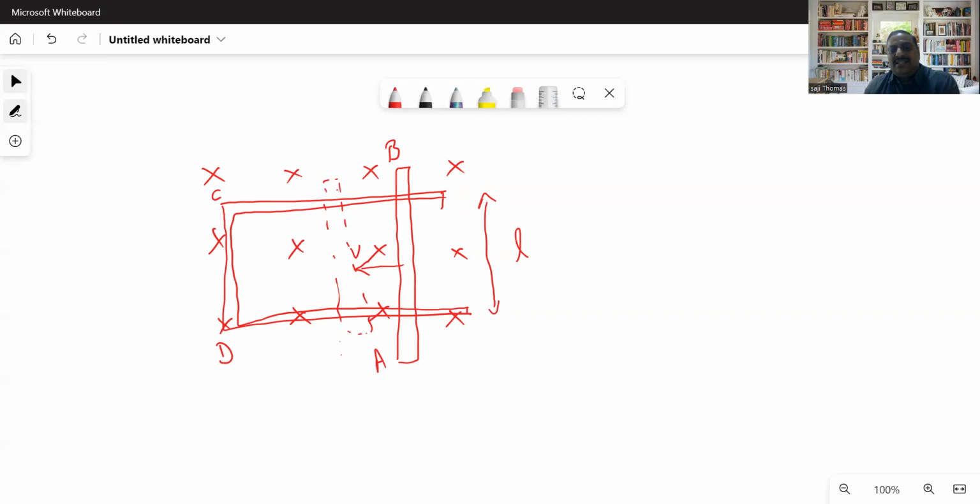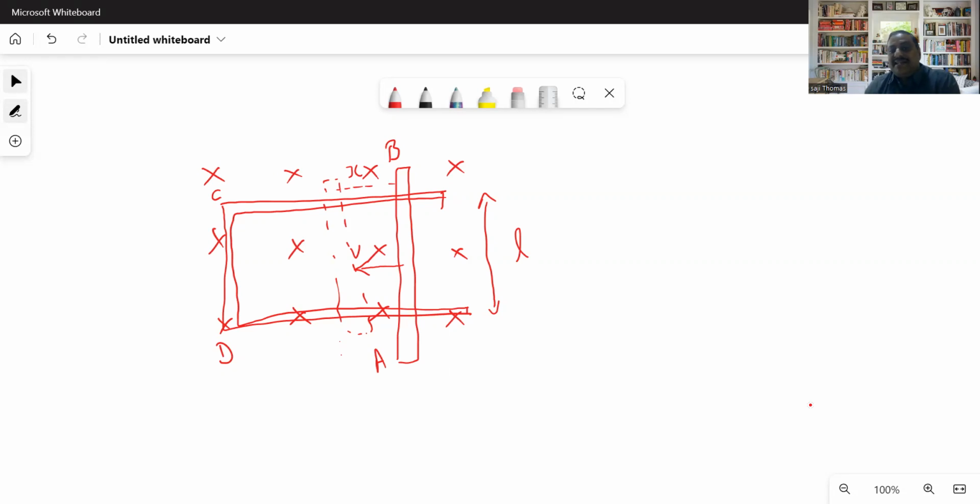Suppose the distance moved is X. The magnetic field is there and the conductor is sweeping an area, so the magnetic flux is changing as it moves.